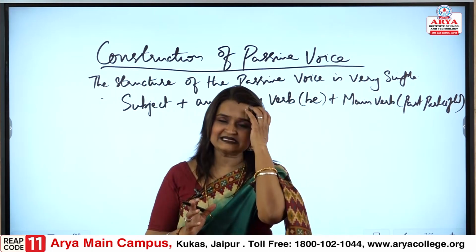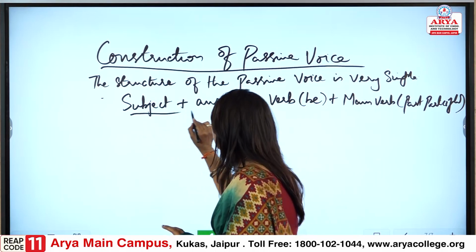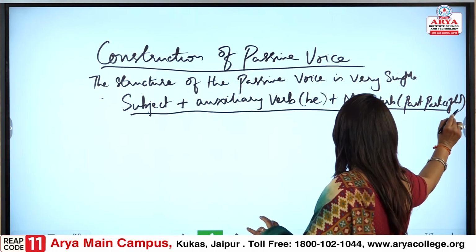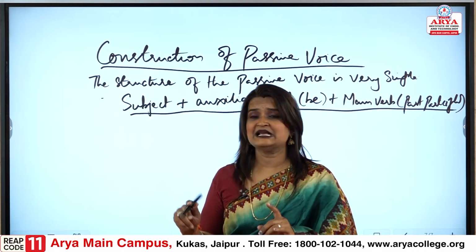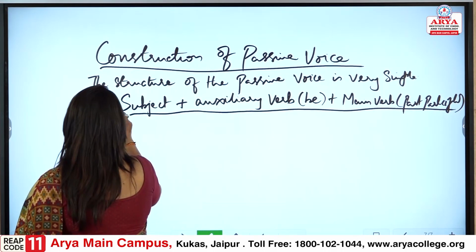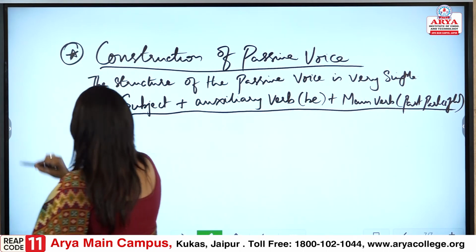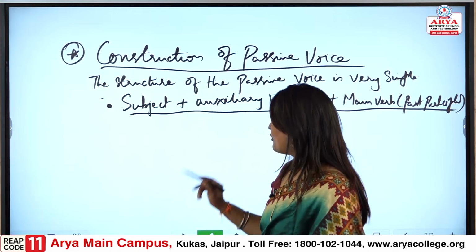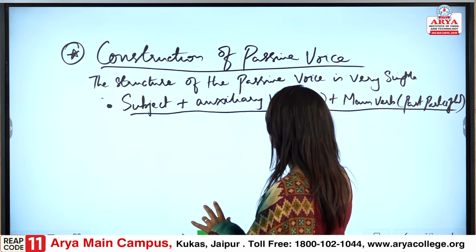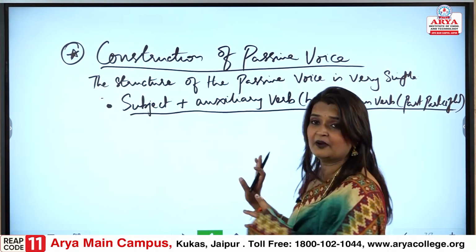It will be in the past participle. How simple it is. The first point that we would take care of in the construction is the subject plus the auxiliary verb, be form, and the main verb.